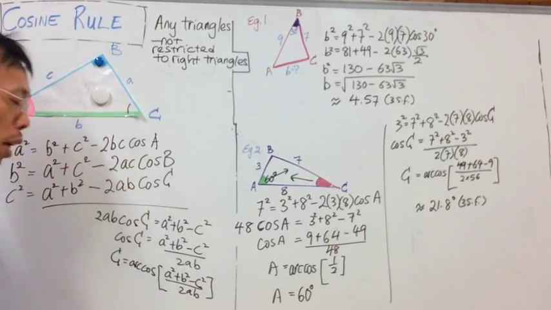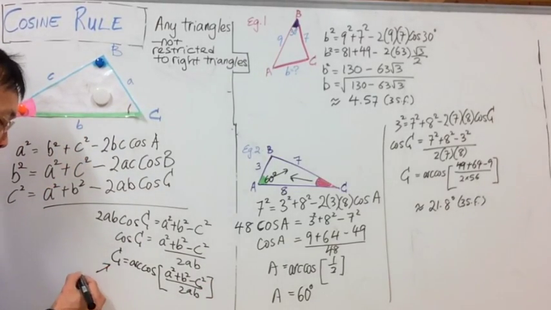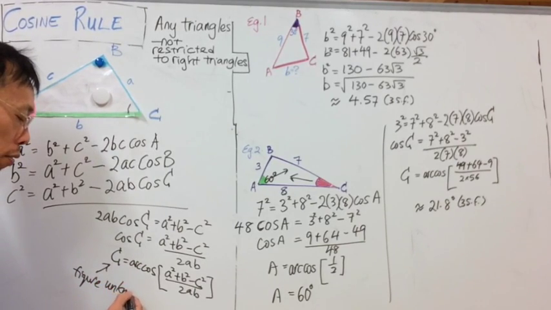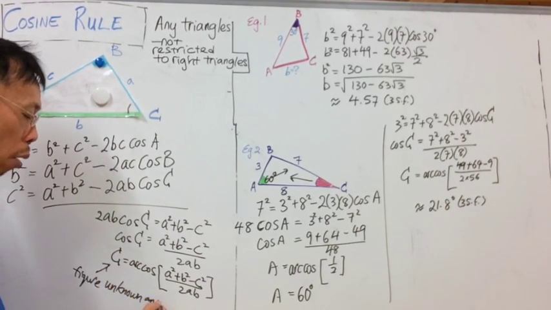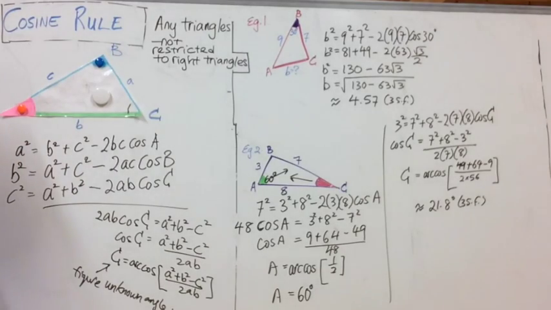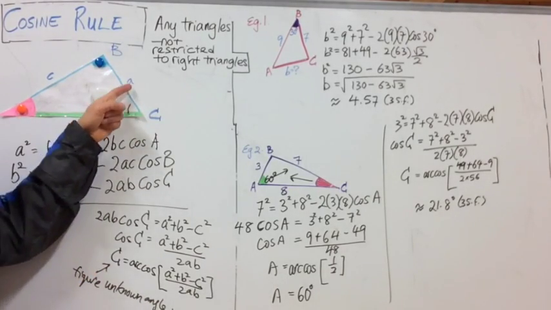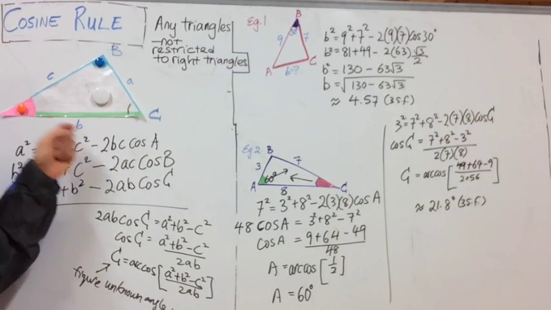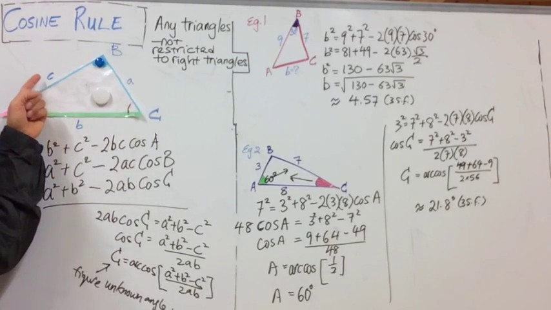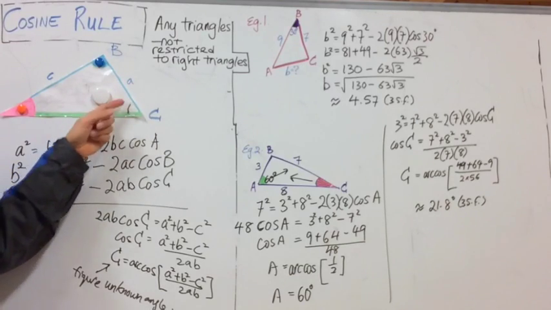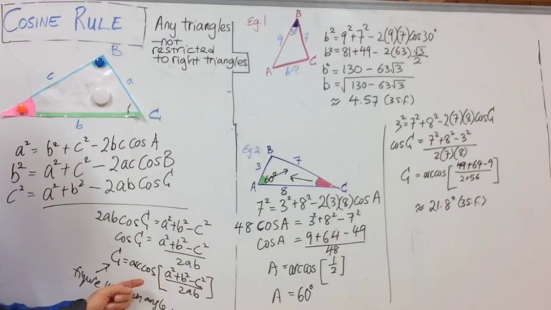This particular formula helps us to figure out the unknown angle C. So in order to find out angle C here, you need to know a, b, and c. So a square plus b square minus c square over 2ab, then this quantity will be arc cosine of that.